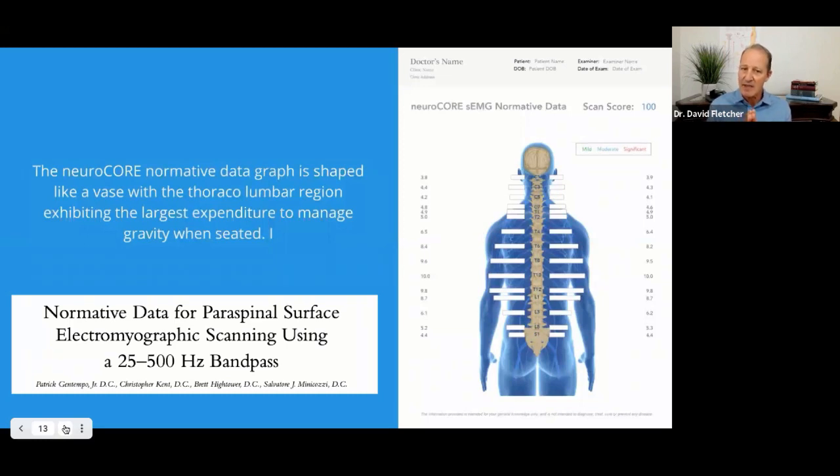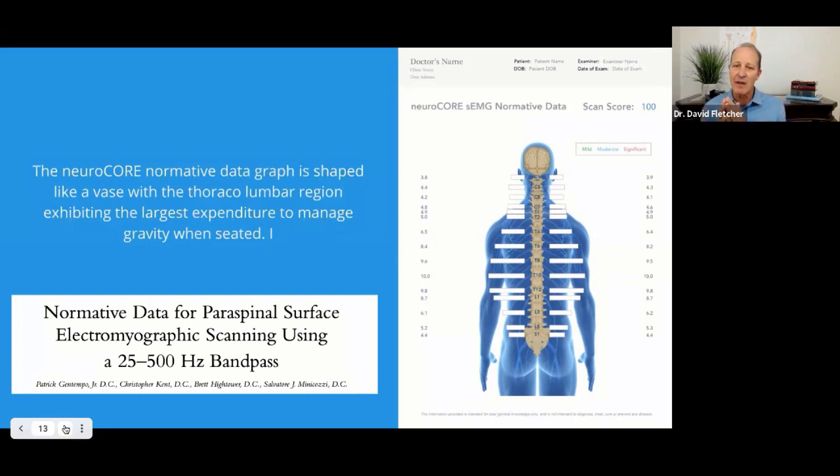Anyhow, what we did was that there were, I believe, 80 to 90 different subjects that were deemed to be in care and well adjusted. And when we, meaning CLA, did a scatter plot on these different regions, it was found that there was a tone and a firing ability at each level when they were well adjusted, and that if they were subluxated, it went outside of that tone.